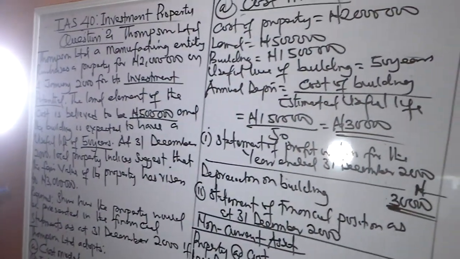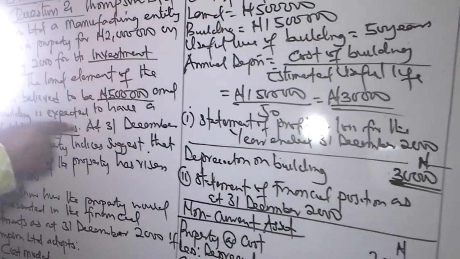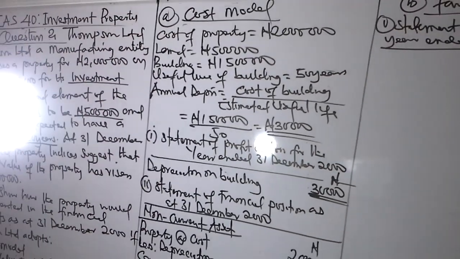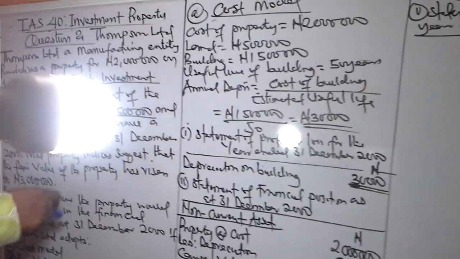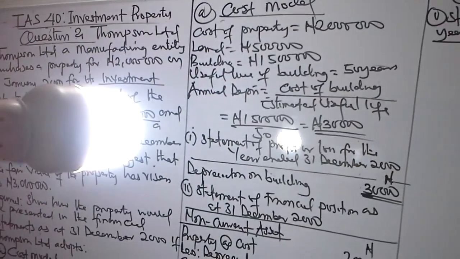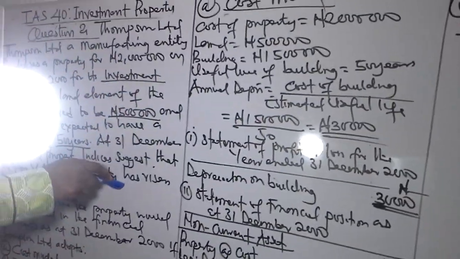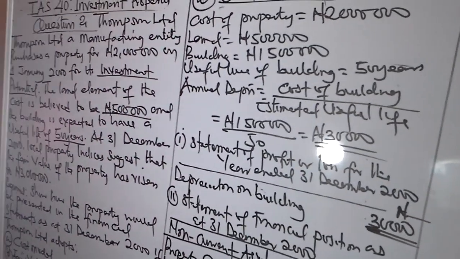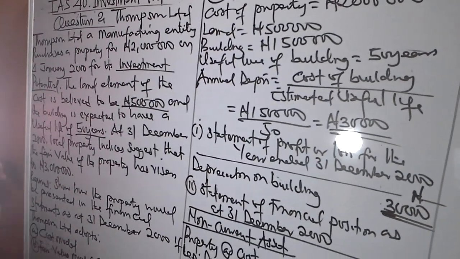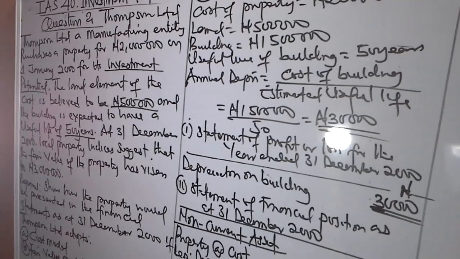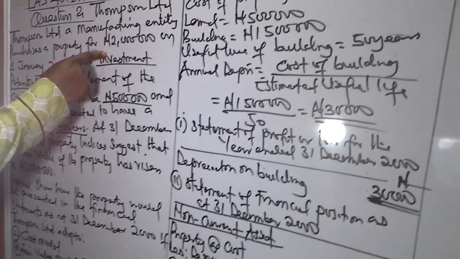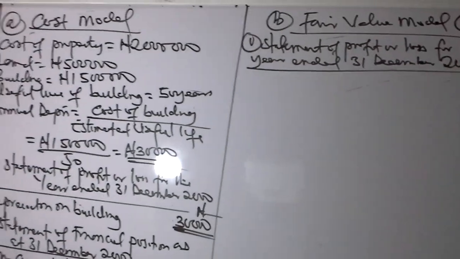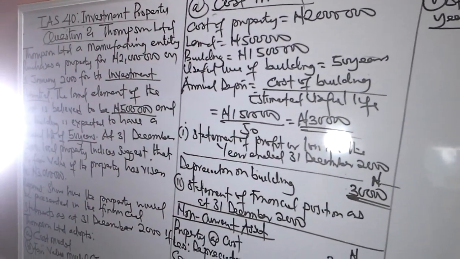Listen now. As at 31st December 2000, local land property indices suggest that the fair value of the property has risen to 3 million. Meaning at the end of the year it's now 3 million, but at the start it is 2 million. So there is a fair value gain because the value of the property has increased.